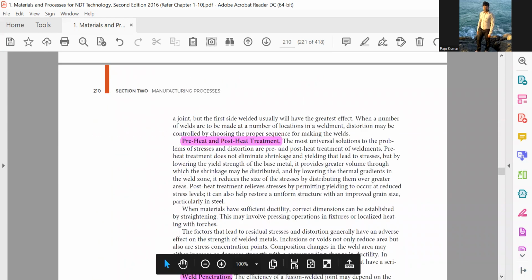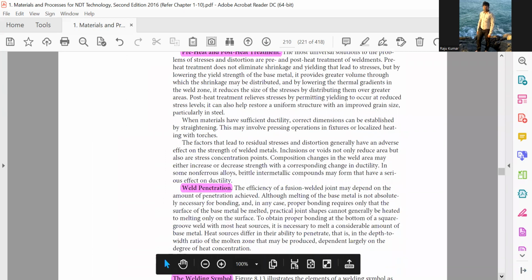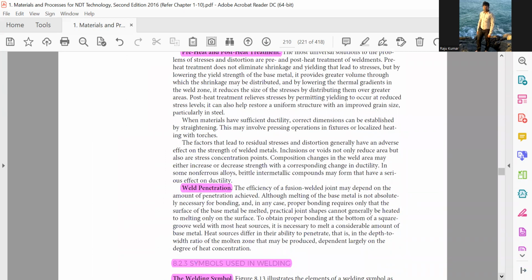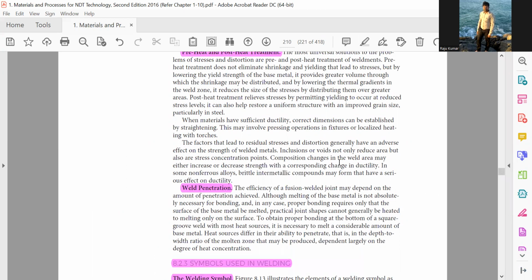Preheat and post heat. Why do you preheat? Preheat is done because when you are welding something of high thickness, it is going to quench. But when you preheat, there is a big heat already there itself, so it cannot quench.